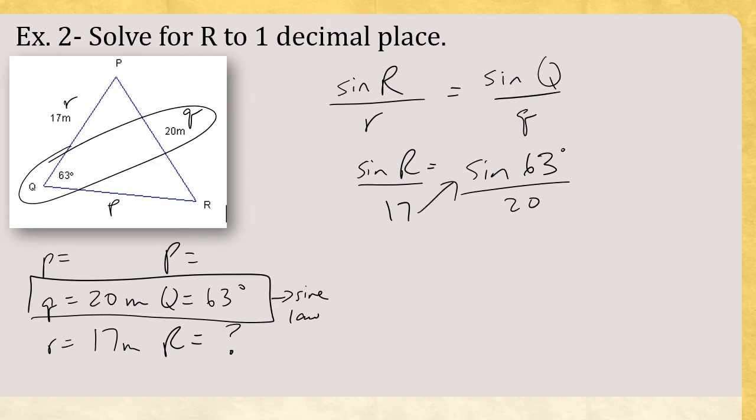Get that 17 off the bottom, cross multiply. Sine R equals 17 sine 63 over 20.